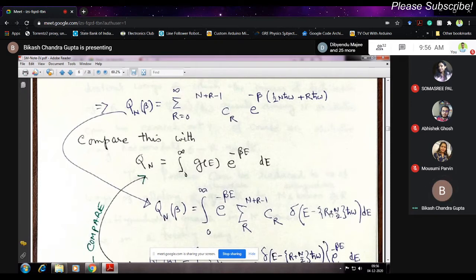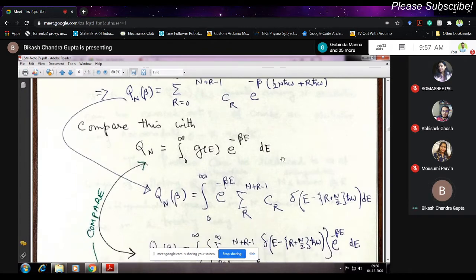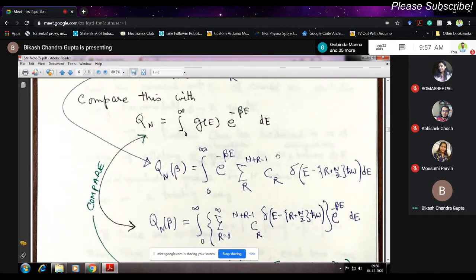E naught is r plus n by 2 h cut omega. So e to the power minus beta times r plus n by 2 h cut omega. That means this, right? Yeah, here it is.